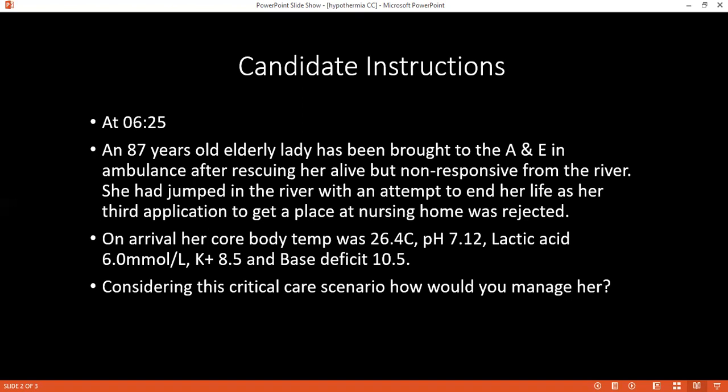In the notes, there are 3, 4, 5 points written very nicely, so maybe you can go back and look. And how would you correct the base deficit? 10.5. Is it normal? No, how much should it be?